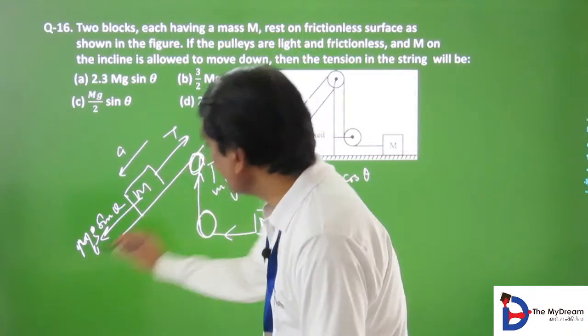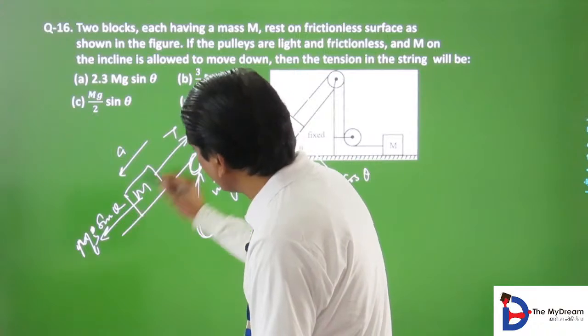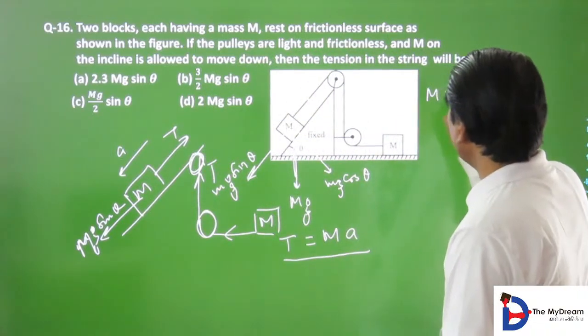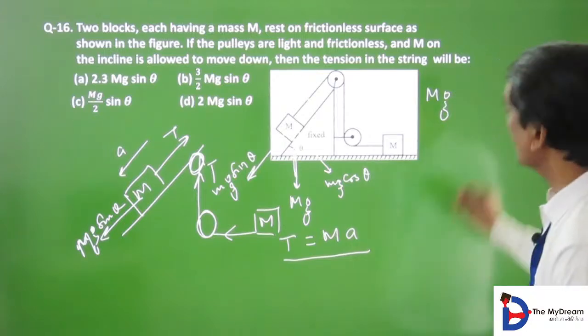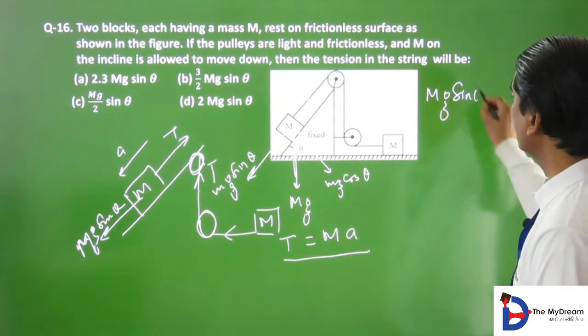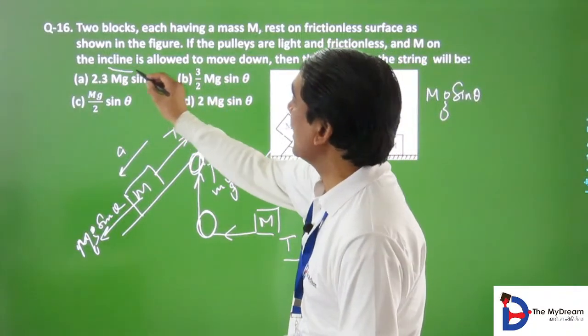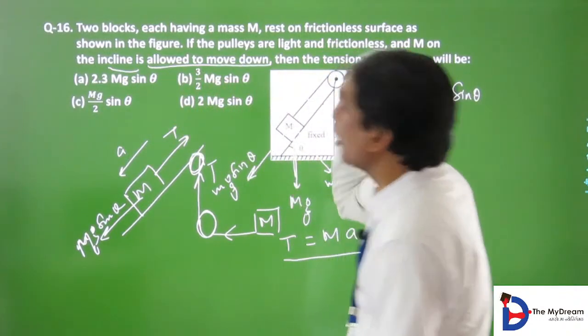So mg sin theta minus T is equal to ma, because the block on the incline is allowed to move down.